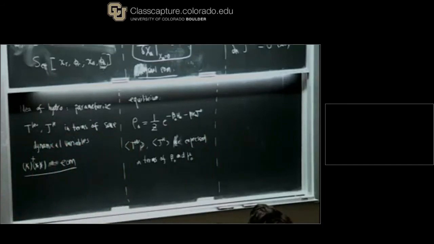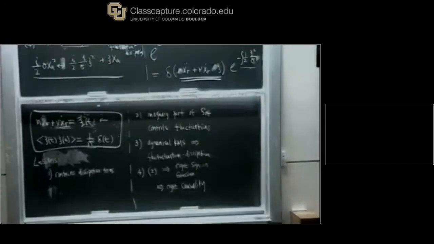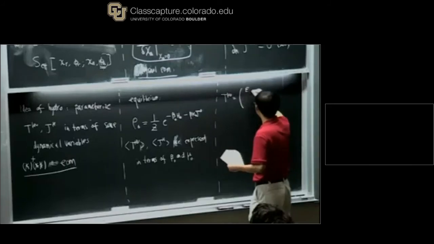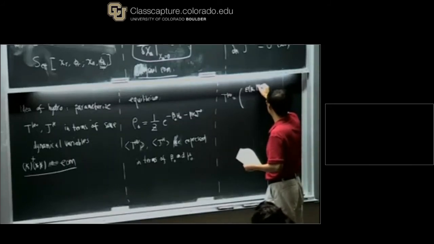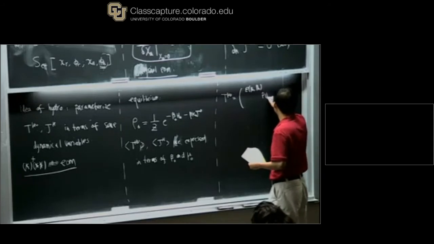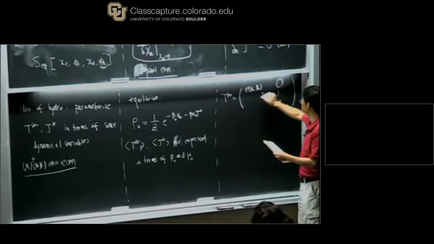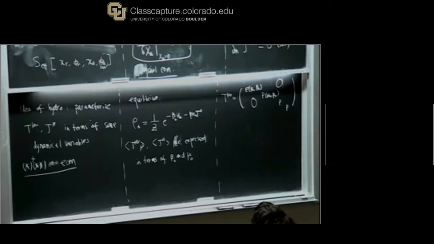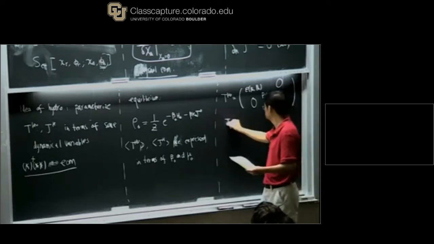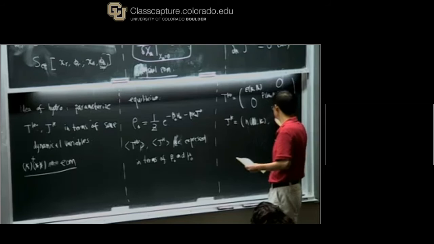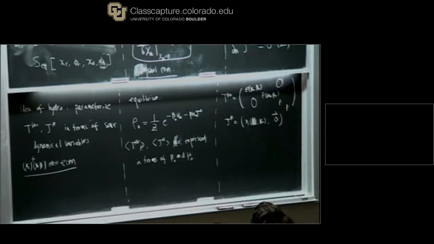In the standard situation, T^{μν} must have the following form: the energy density ε(mu_0, beta_0), then the pressure P(mu_0, beta_0), and the rest is 0. J^μ would be just equal to n, the charge density n(beta_0, mu_0), and then 0. J will have this form.